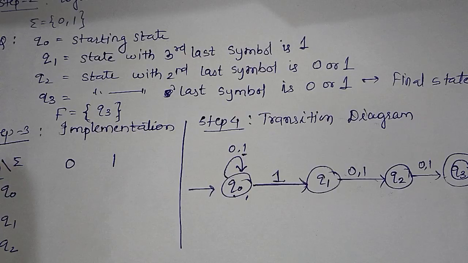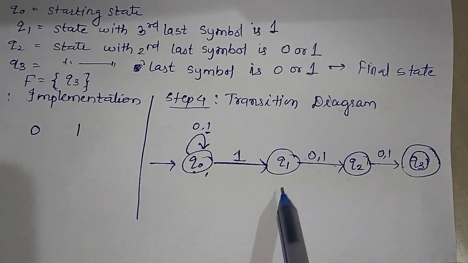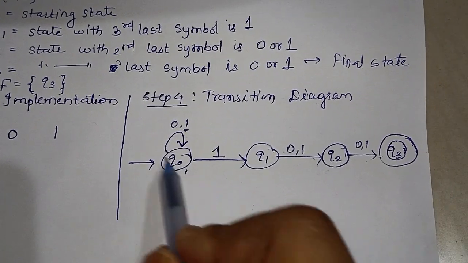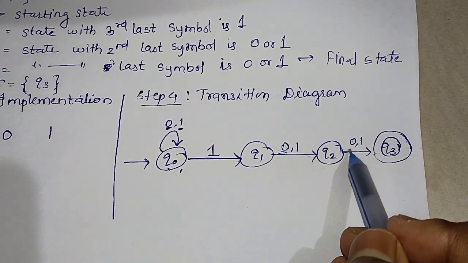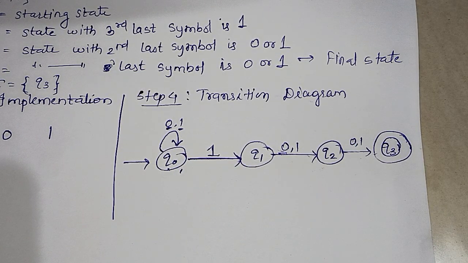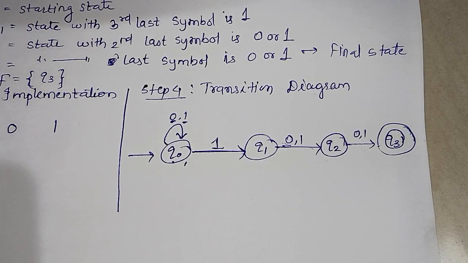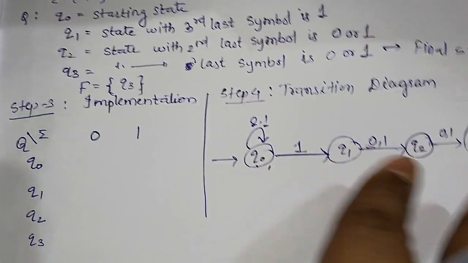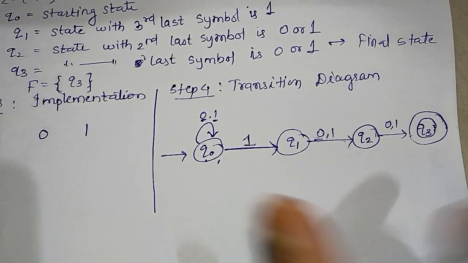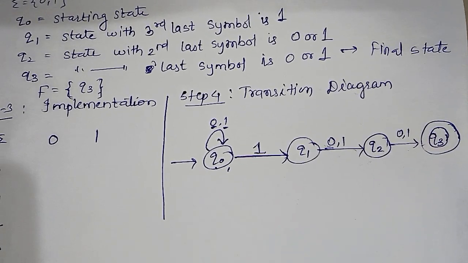Here there are 2 transitions on 1. Now see, here it is 1 transition, same here, same here. That's not an issue. That's why it is an NFA. If it was a DFA, then the transition diagram would be different.